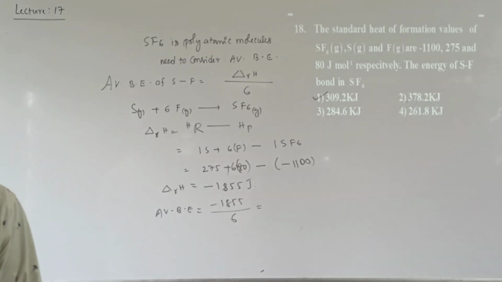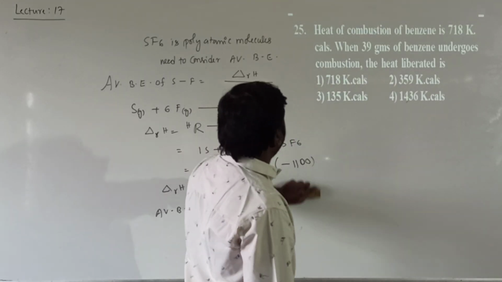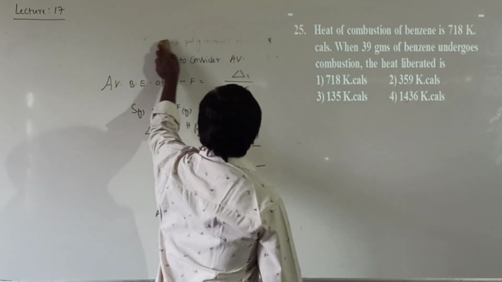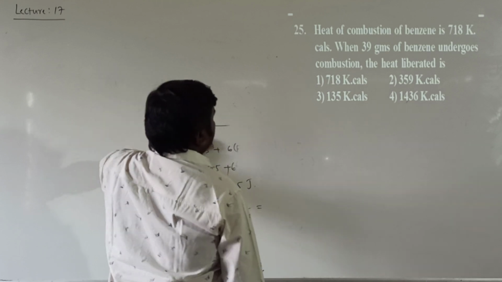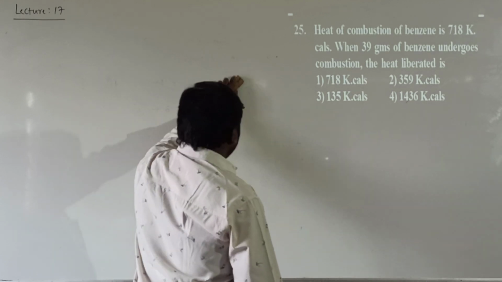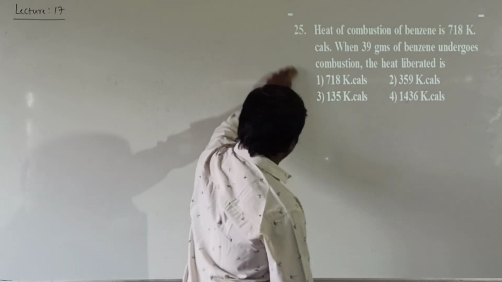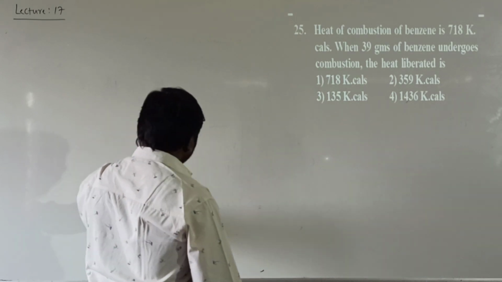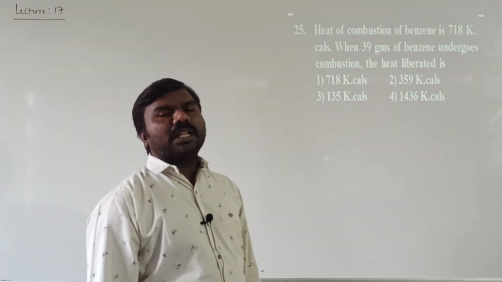Next, the heat of combustion of benzene is 718 kilocalories, the combustion value given. Then when 39 grams of benzene undergoes combustion, what is the liberated heat?